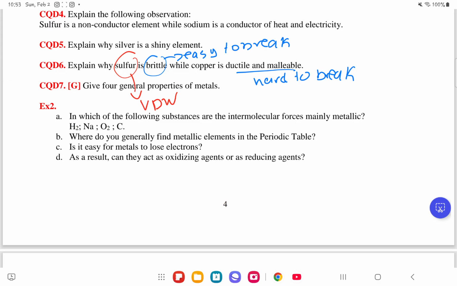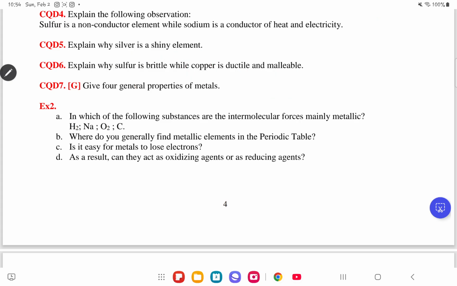So they are weak, and if you apply a force on it, it is going to break. Whereas the forces in copper are metallic bonding forces, which are electrostatic forces. These are really strong, so it's really hard to break them. You need a lot of energy to break copper.